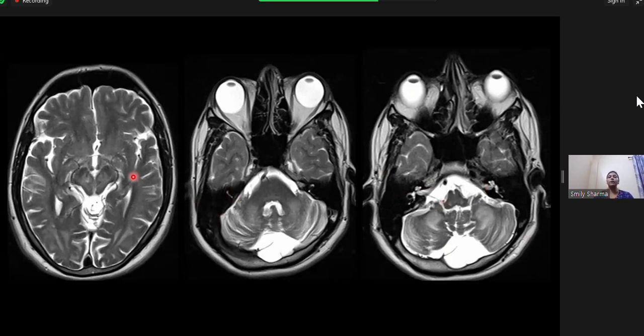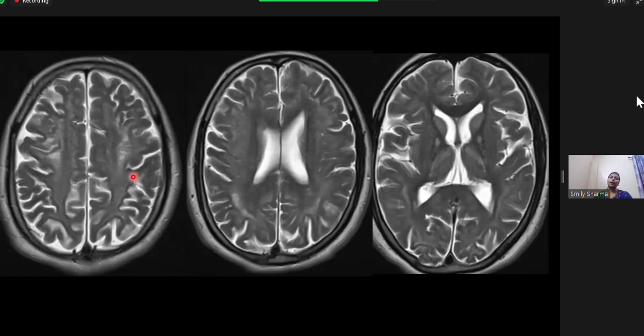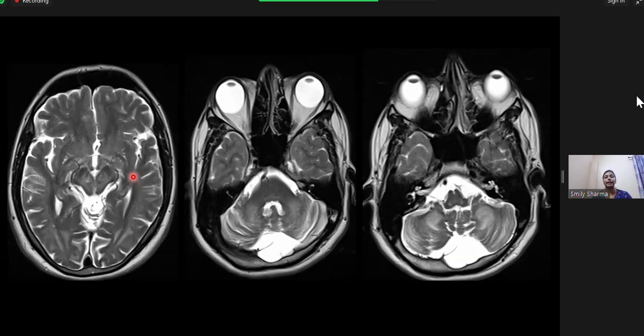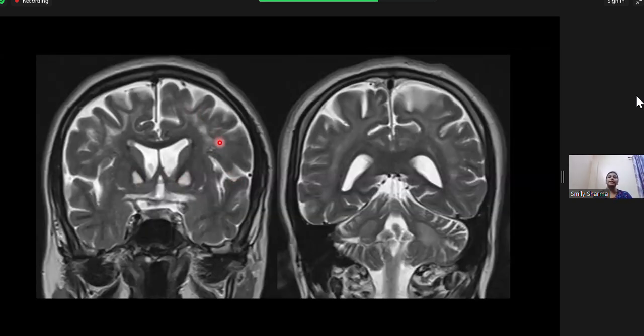What differentiates it from L2-hydroxyglutaric aciduria is not only these features, that there is more GP involvement and brainstem involvement, but the most important clue lies in the history. So here we see the characteristic subcortical involvement with sparing of the central white matter. There is GP involvement, and there is also cerebellar white matter involvement.